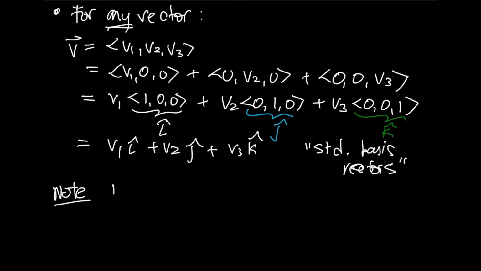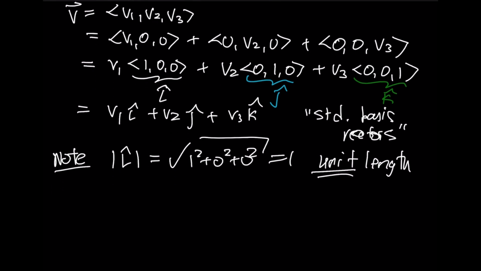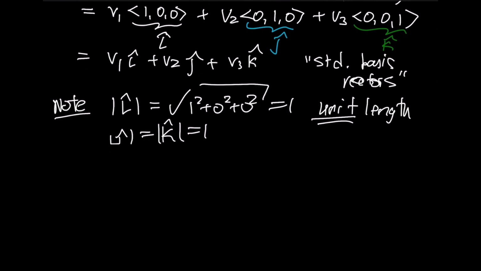The length of i is 1 squared plus 0 squared plus 0 squared, which is 1. This is what's called a unit length vector. Any vector with length 1 is called unit length. The length of j is also equal to the length of k is equal to 1, but these vectors are not equal.